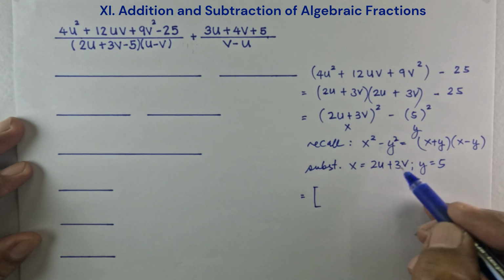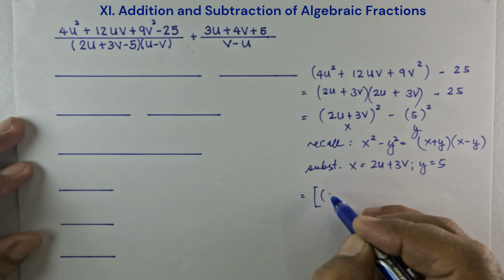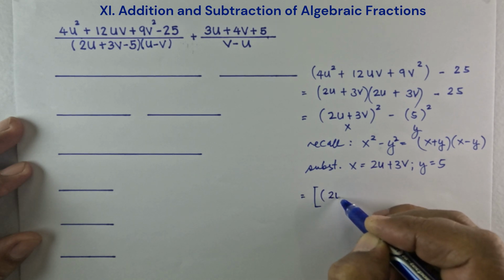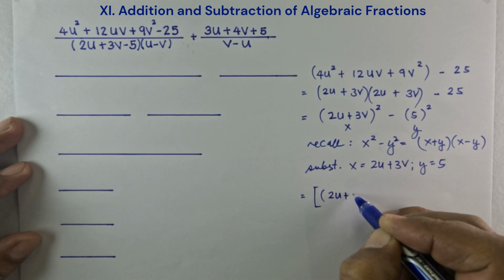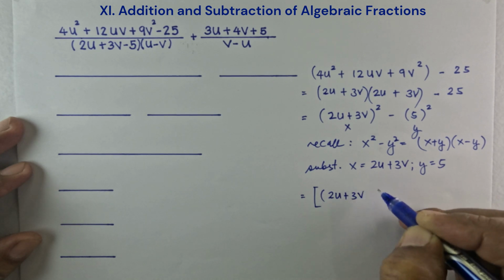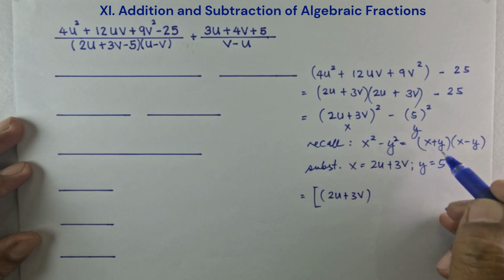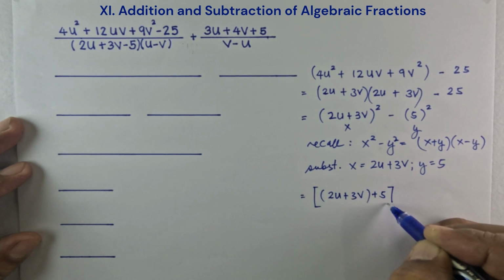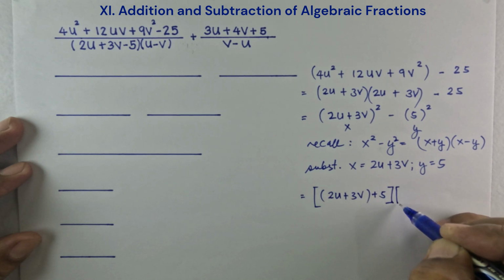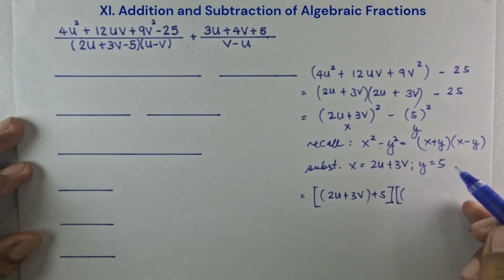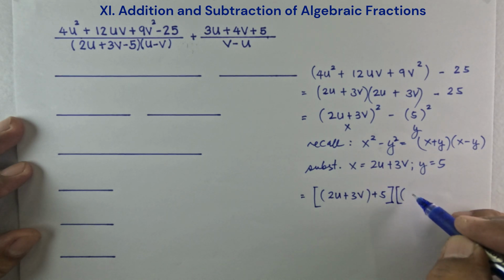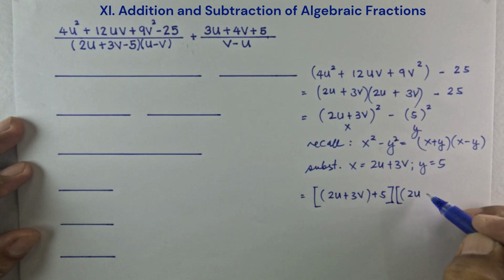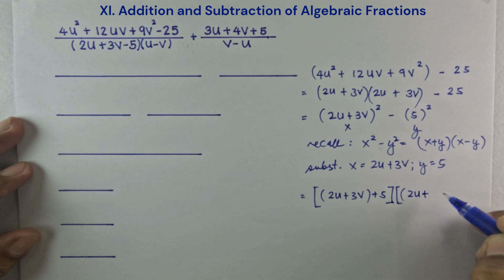So x plus y, this one, that's 2u plus 3v plus y. So that's plus 5, times x minus y. So that's 2u plus 3v minus 5.